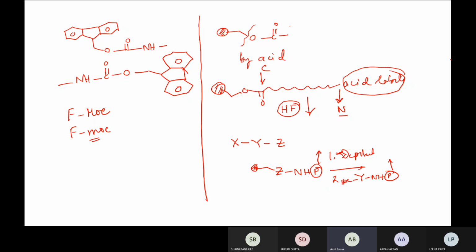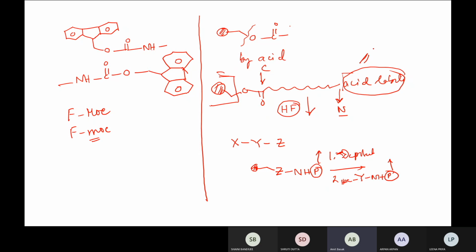For X, I am sure, because X should have a protecting group which comes off in acid, because that is the N terminus. The characteristic of this protecting group matches the characteristic of the bond which comes off from the resin. So that too we have to match.